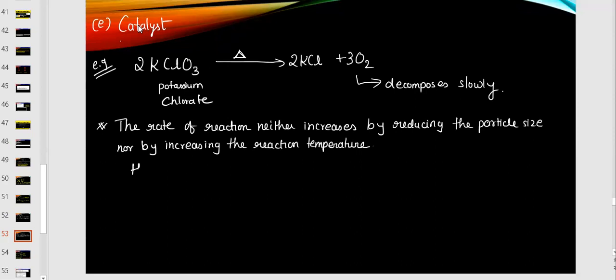However, we are going to add a catalyst now. So by adding the catalyst, let's see how the reaction will take place. Which catalyst is it? The catalyst here is MnO2. When you add MnO2, KClO3 will decompose rapidly.